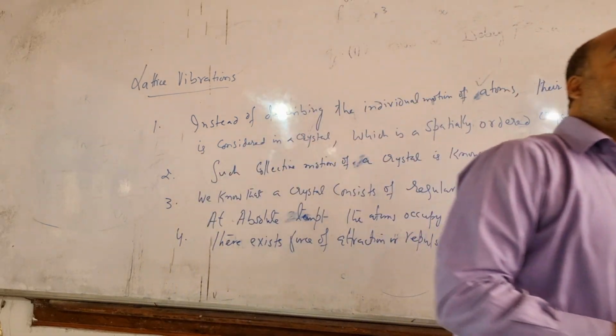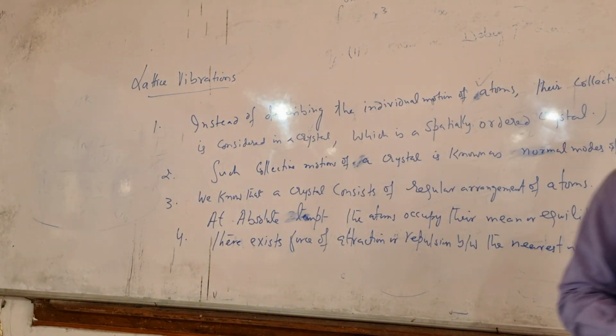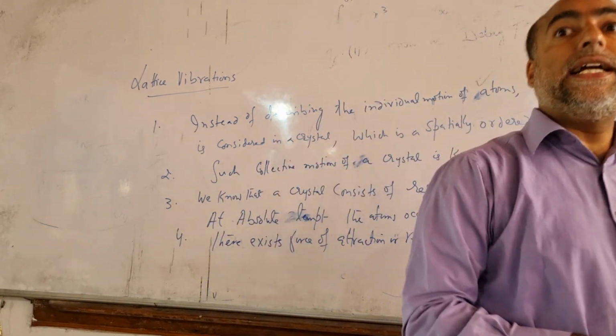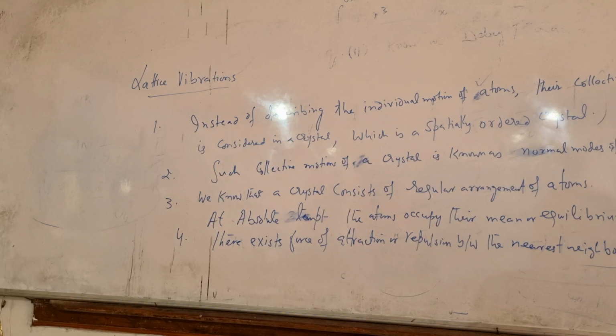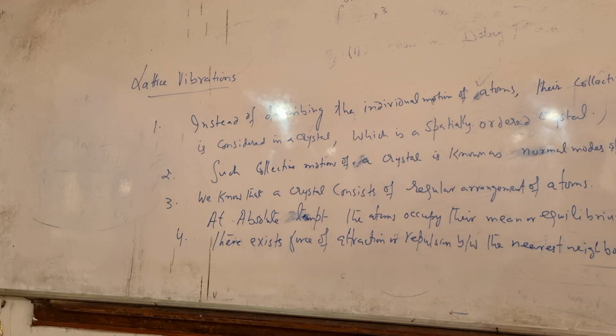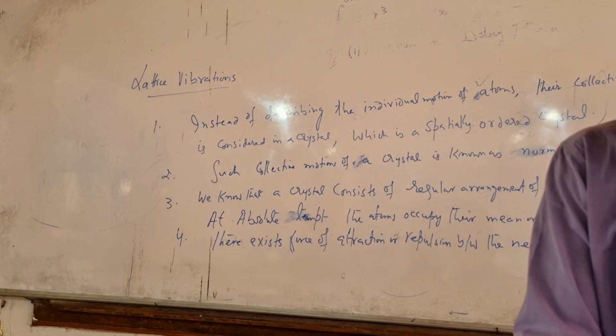That means what you interpret from it. If your atom is dependent on its nearest neighbors, what does it mean? Your atom within the crystal is dependent on its nearest neighbors. What does it signify?